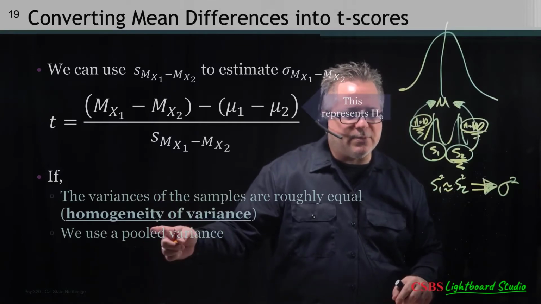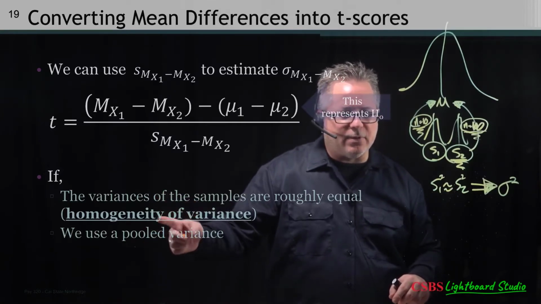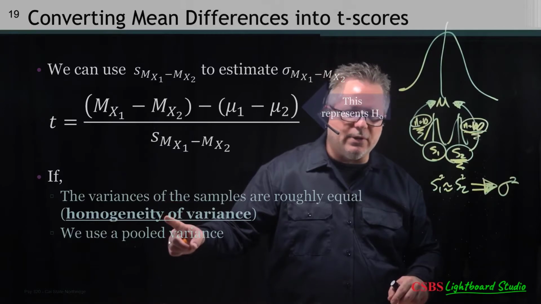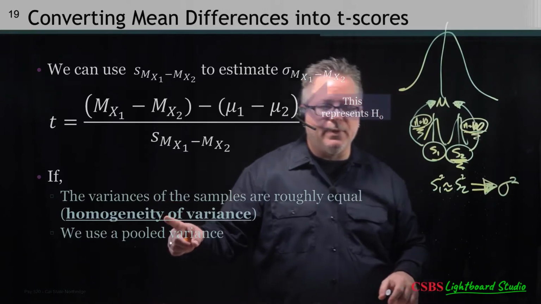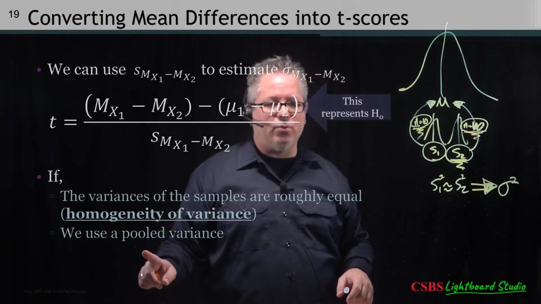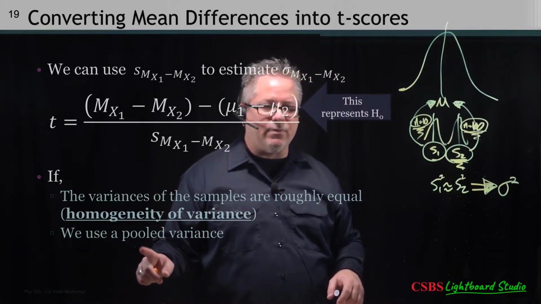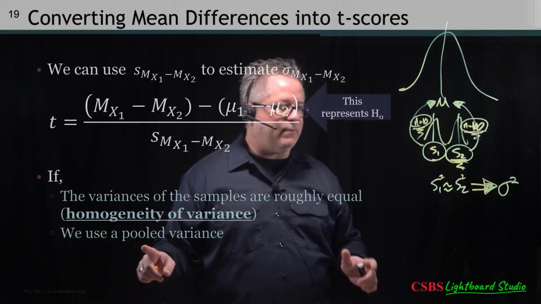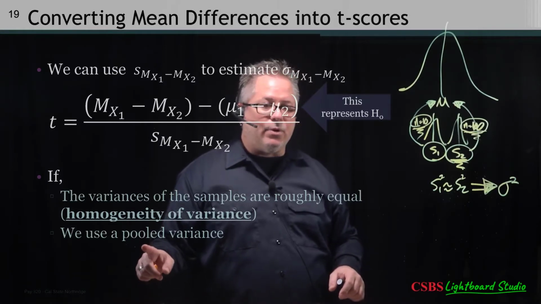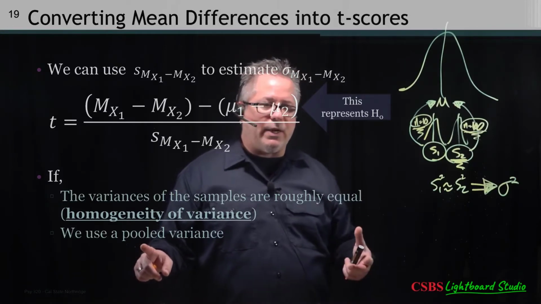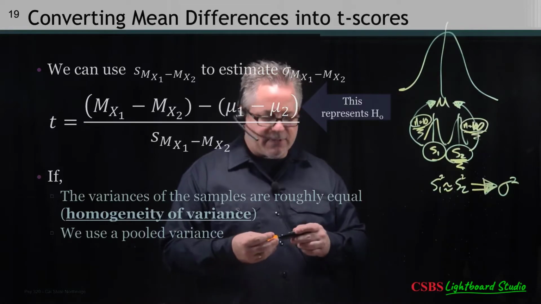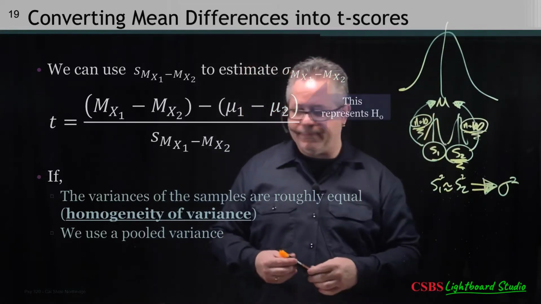So that's what the two steps are. If we think or can prove that the variances are roughly equal, they're homogeneous, then we can pool them together, but we're going to use their sample sizes in our favor. We're going to take advantage of the fact that they may be of different sample sizes, and pool them together in a smart way in which we weight the different samples depending on their size.